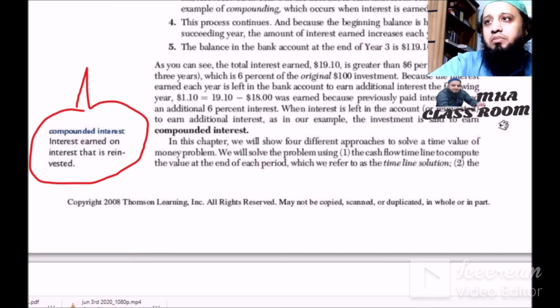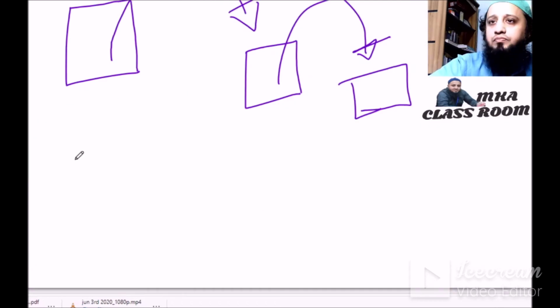That means whenever you earn interest, that interest will be deposited again, added to the principal, and then the total amount will be reinvested again for earning profit. That we will call compound interest.